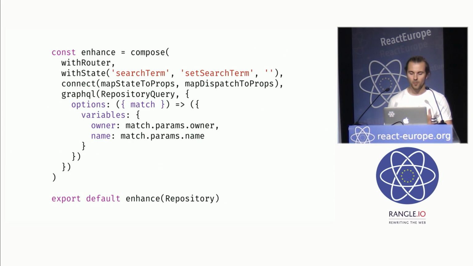And because they're higher order components, with composition out of the box, you can compose them together to enhance your components to be smarter and have more features. And as I said already, you have withRouter from React Router DOM. You get withState to compose state on top, and you get it in the props. And you can use Redux connect, GraphQL, all that kind of stuff.